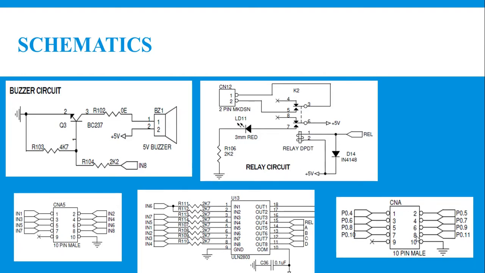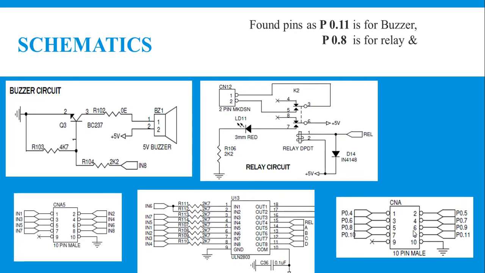The pin number 8 of connector A is connected to the 11th pin of port 0. So if you want to control the buzzer, then you have to select the 11th pin of port 0. In this schematic, the 11th pin of port 0 is connected to input terminal 8, which in turn controls the state of the buzzer.